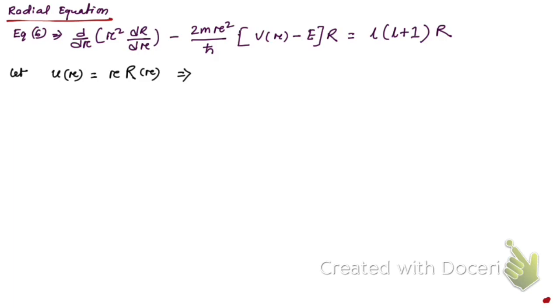So u of r is equal to r into capital R. If we simplify this, then we get capital R equal to u by r. When we say capital R, that means R of small r. We are not writing this every time. Similarly, when we write u, it means u of small r. We are not going to write it all the time.